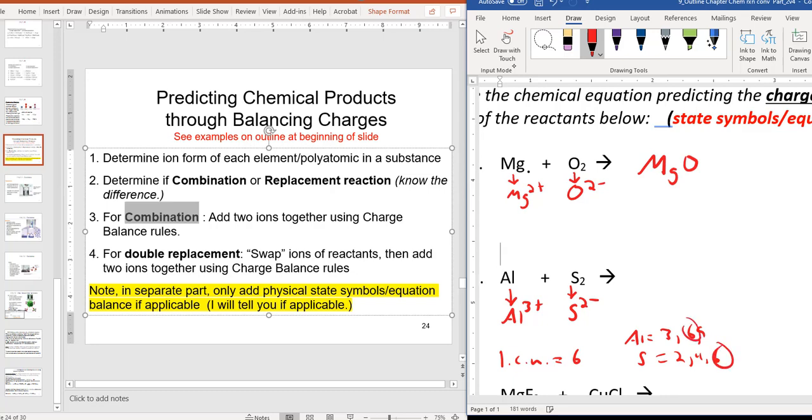So the least common multiple between the two is going to be 6. So I'm going to need 2 of the aluminums and 3 of these sulfides, and it's going to create Al2S3. Now, I temporarily created extra ions just so that we can create a charge balanced product. It has nothing to do with that starting 2 in the sulfur gas that you see up there, the S2.